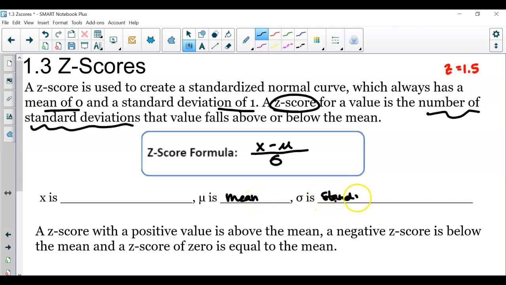Standard deviation. However, what is the x? So if you want to make a note of it, x is going to represent the value that we're going to convert to the z-score.